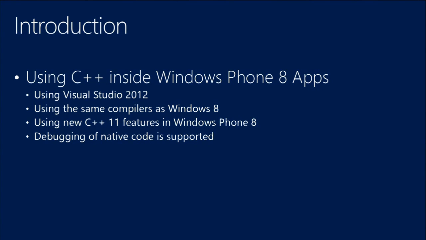Now the cool part of using C++ inside a Windows Phone 8 application is that we're using Visual Studio 2012. And it doesn't matter if you're using the free version, the Express Edition, or any other SKU of Visual Studio 2012. But we, as Windows 8 developers, are using exactly the same compilers as Windows 8 is using if you're developing a Windows 8 native application. And those compilers conform to the new C++11 features, which are a standard.